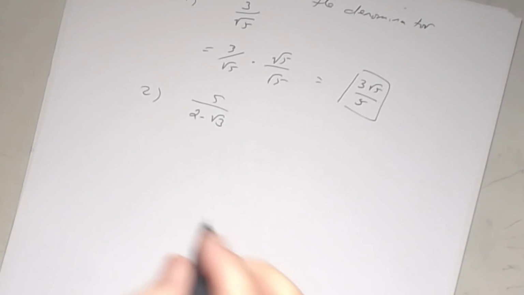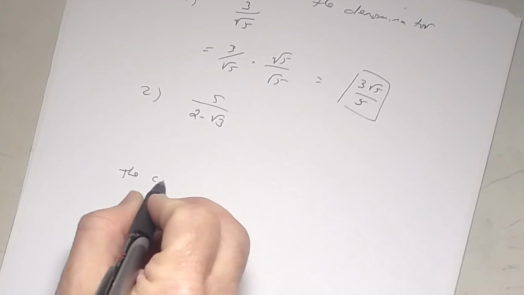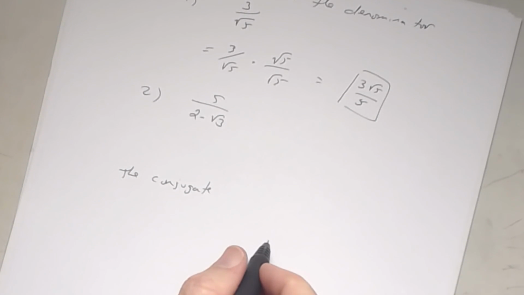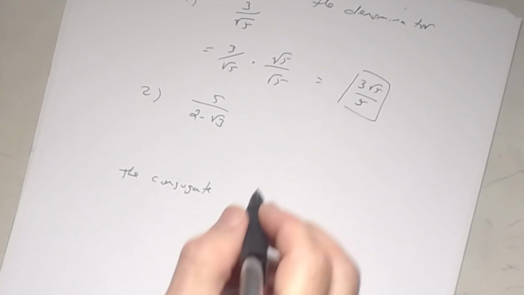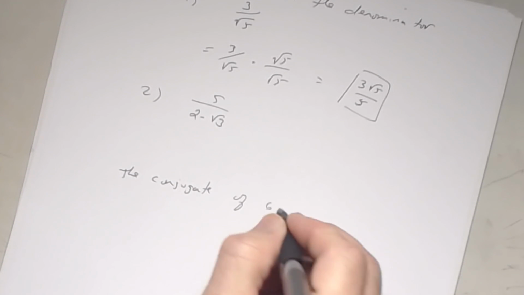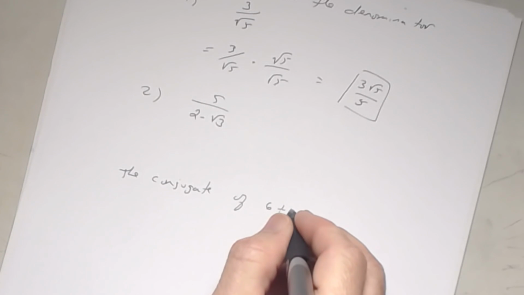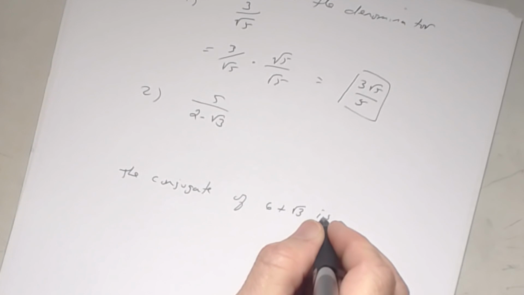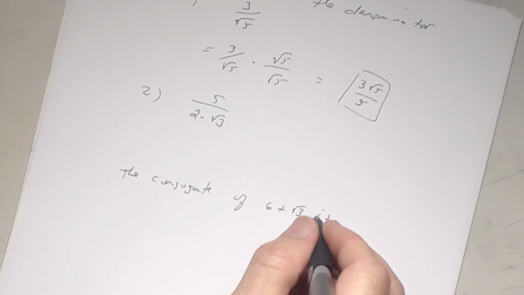So here's what I mean by conjugate. The conjugate, C-O-N-J-U-G-A-T-E, of, I'm going to make this up, 6 plus the square root of 3, is, and all you do is change the sign of the radical.